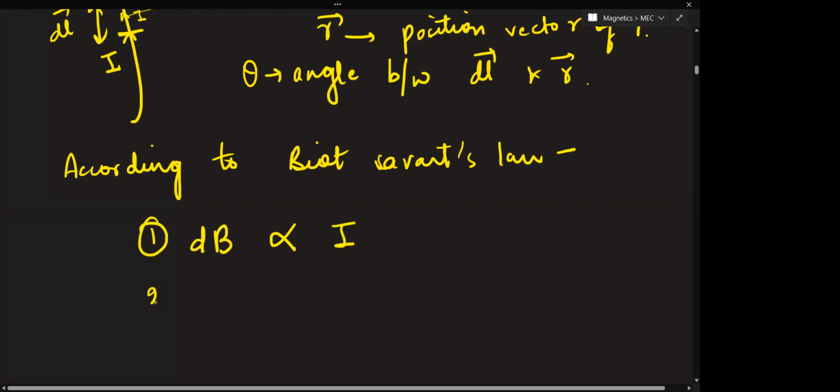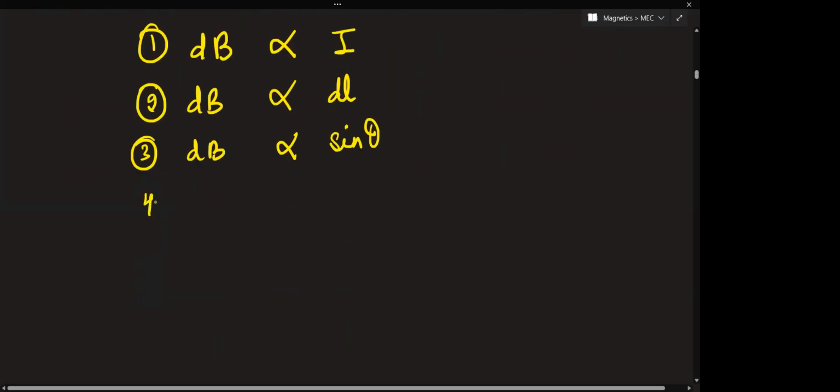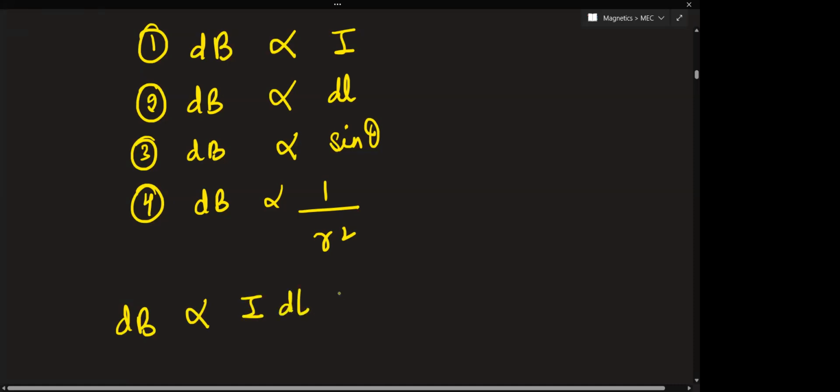Secondly, it is directly proportional to the current element. Then it is directly proportional to the sine of the angle made between dL and r. And lastly, it is inversely proportional to r square. Now, if you combine all four factors, magnetic field is directly proportional to current, current element, and sine of the angle between current element and position vector, and inversely proportional to r square.